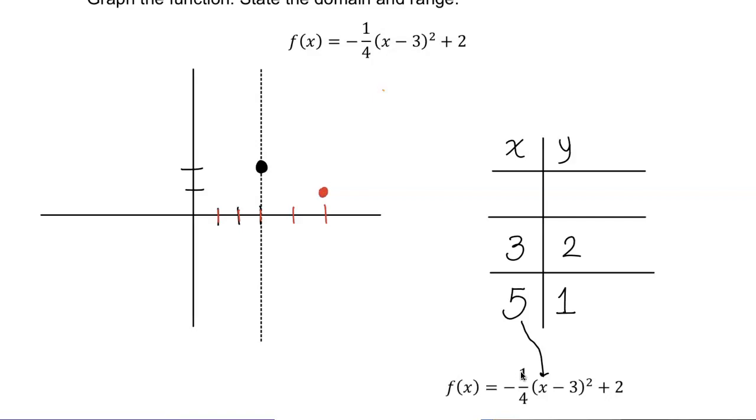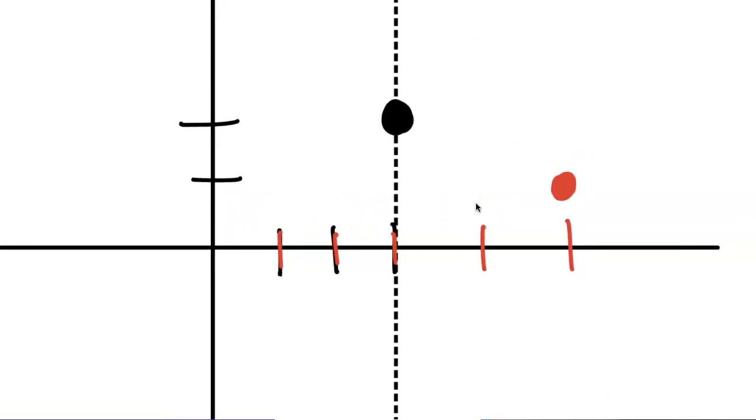But the axis of symmetry is telling us that if I have a point that is 2 to the right from that axis of symmetry, I better have another point 2 to the left from that axis of symmetry on the same horizontal line. So if I have that red dot over here, 2 to the right of the axis of symmetry, I better have the same point 2 to the left from the axis of symmetry.